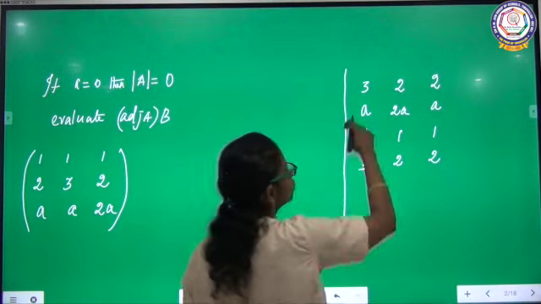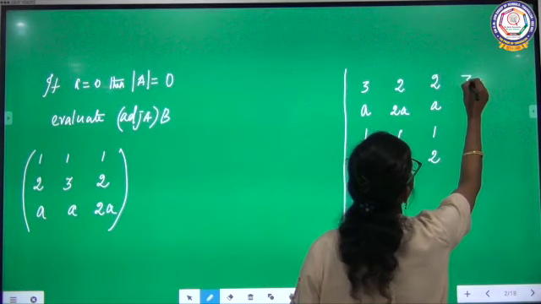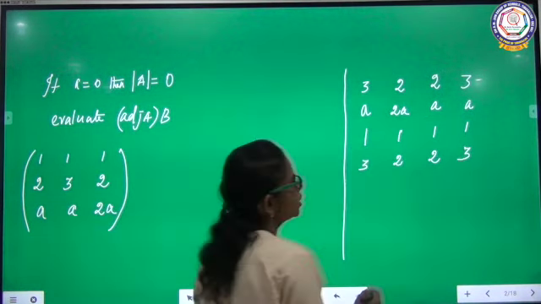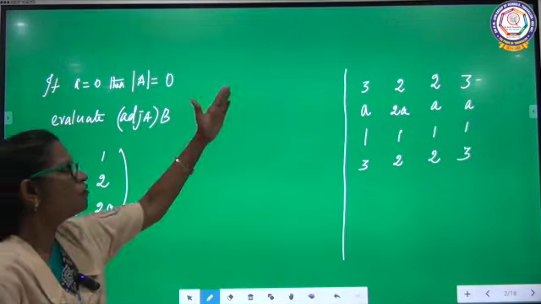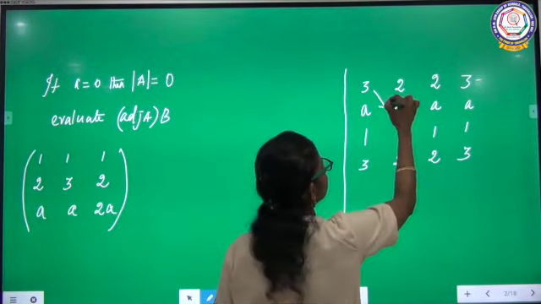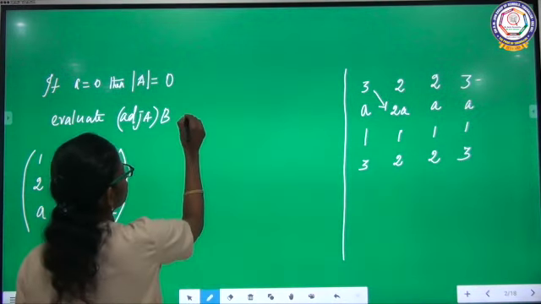The last column should be filled by the first column, right? 3 in A, 1, 3. The last column should be filled by the first column entry. Now you should see 6A, right? Cofactor.